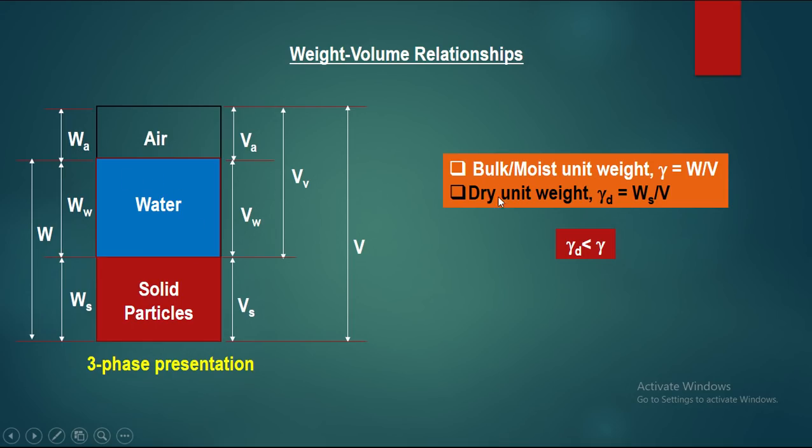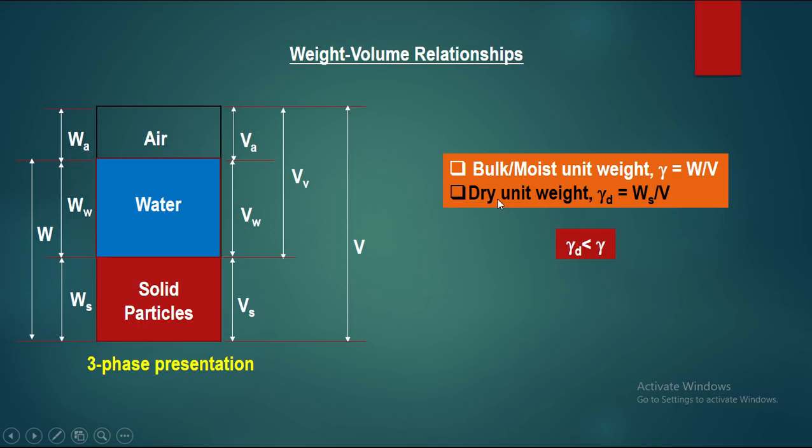So this definition, bulk or moist unit weight, it definitely involves water in the soil mass. That is why it is called bulk, or to be more precise, I would like to call it moist unit weight because it involves water. And when you call it moist unit weight, that means you are referring to the presence of water in the soil mass.